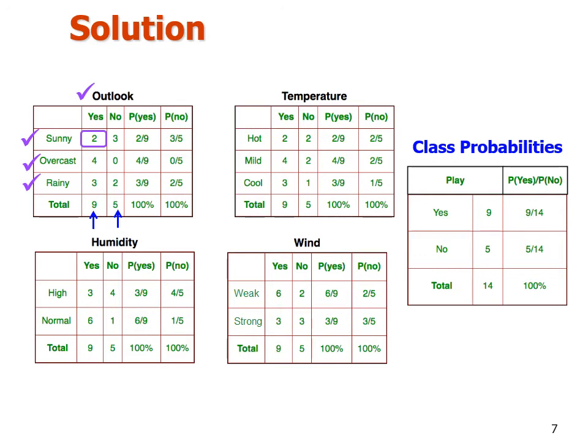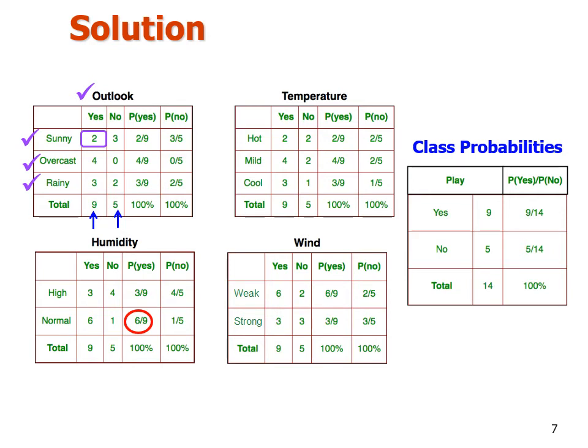Now once again I would like to explain what we mean by these probabilities. So once again, let us consider one example here. In the humidity table, we are having the cell, that is the intersection of normal and probability of yes, and in this cell we are having the probability that we have computed, 6 divided by 9.